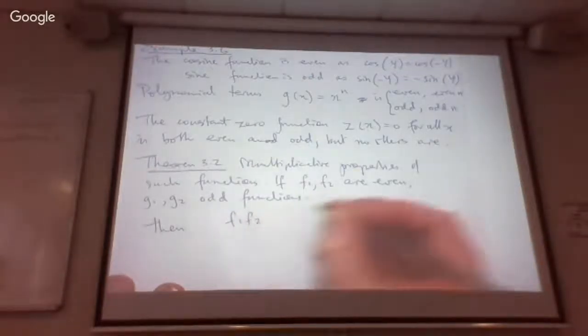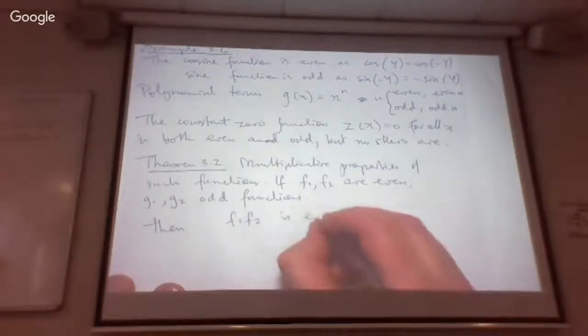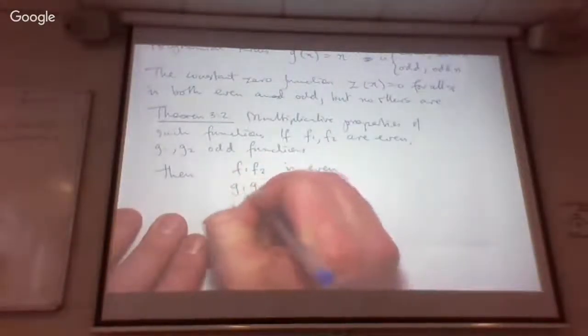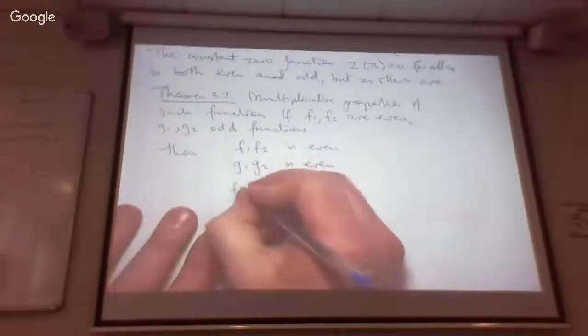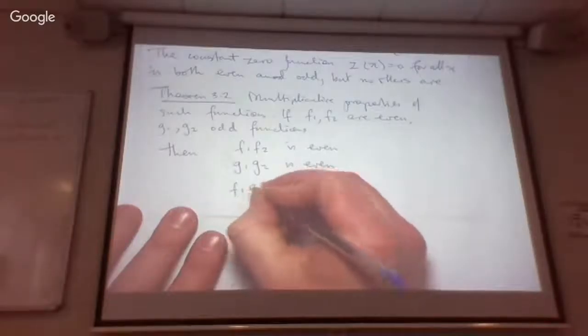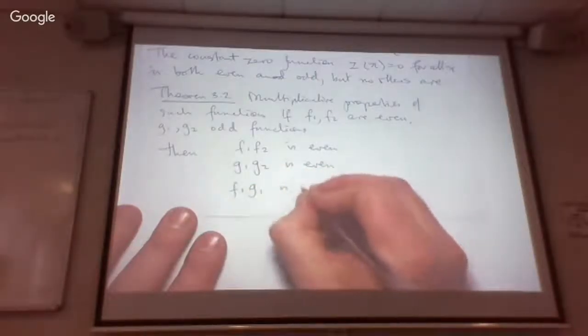If you multiply together two even functions, you again get an even function. If you multiply together two odd functions, you get an even function. And if you multiply together an even function with an odd function, you get an odd function.